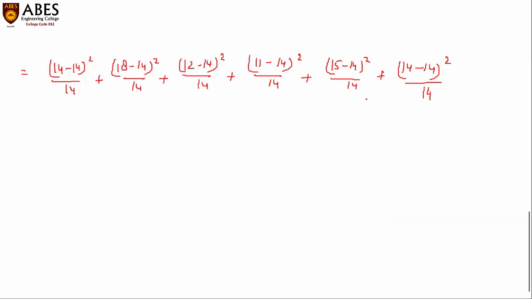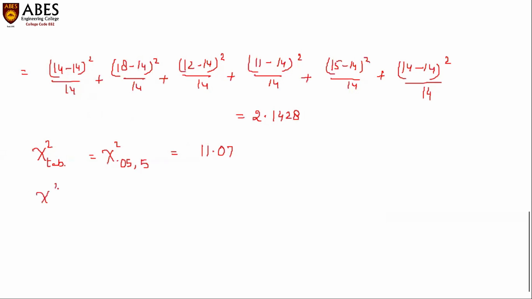When you solve this, you get 2.1428. So chi-square statistics came out as 2.1428, whereas chi-square tabulated, the tabular value at level of significance 0.05 and degree of freedom 5, can be seen as 11.07.